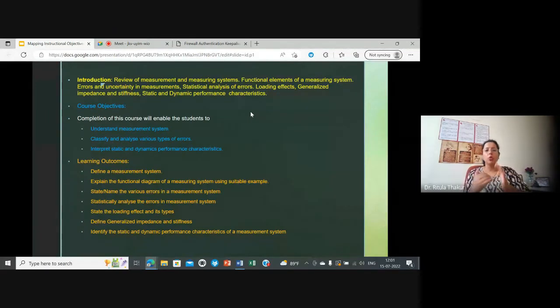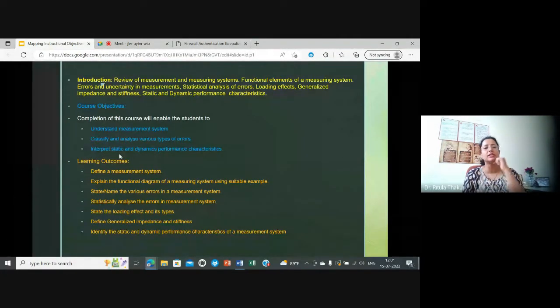In order to understand the things, I have divided the various topics and chapters. Otherwise, all these course objectives and learning outcomes are summed up at the end. But I have shown you how to write for each particular chapter in order to understand it. Now you see, these are the course objectives and these are the learning outcomes.